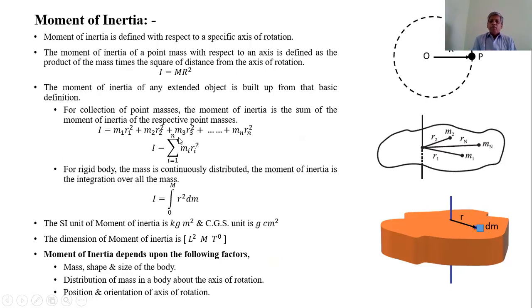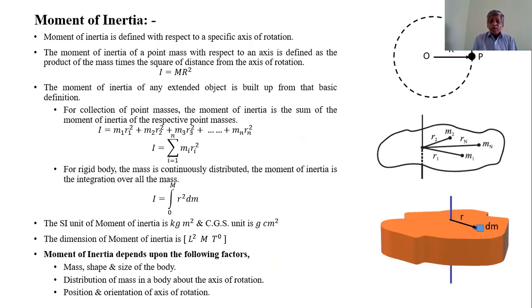If we assume the body is a collection of point masses. But in our daily life, the body is a rigid body whose mass is continuously distributed, and those masses cannot be separated from each other.